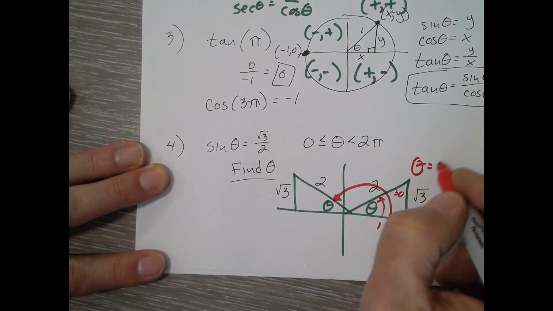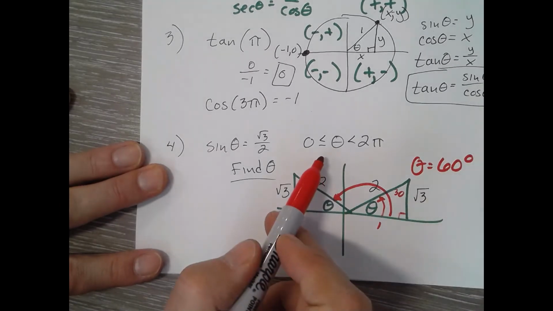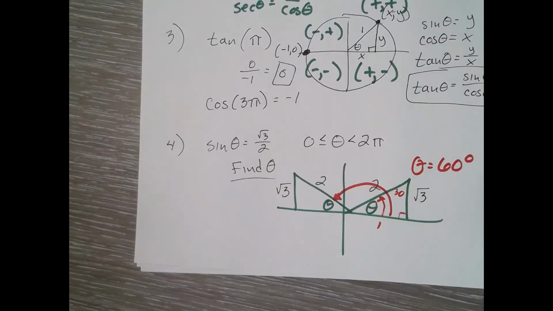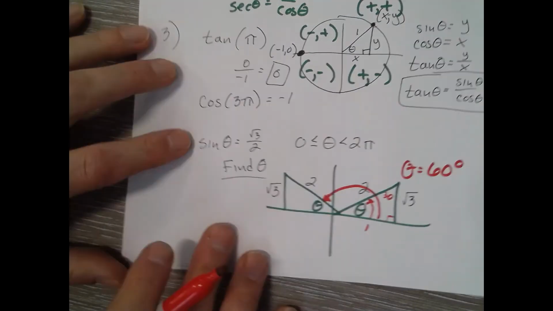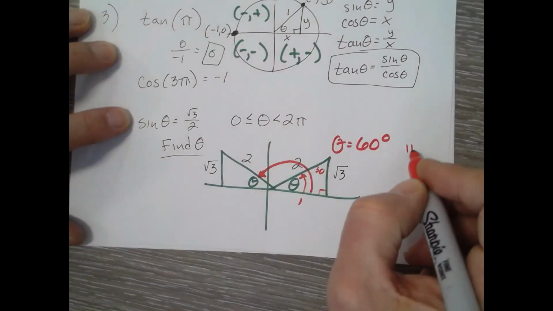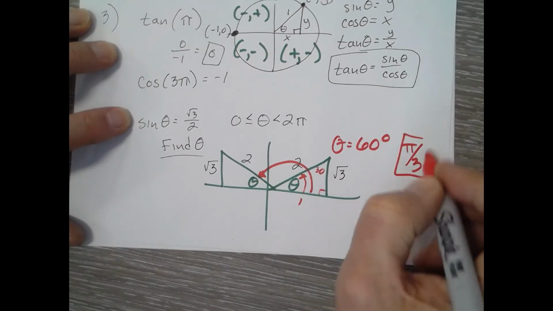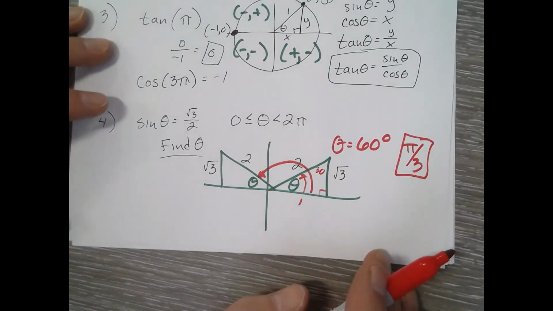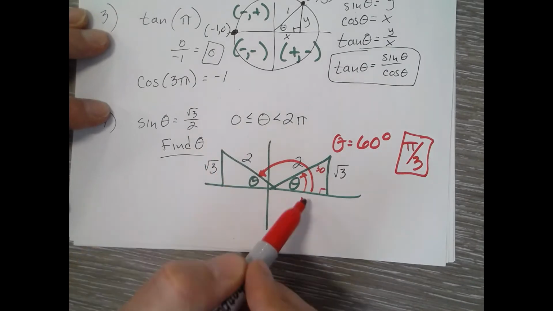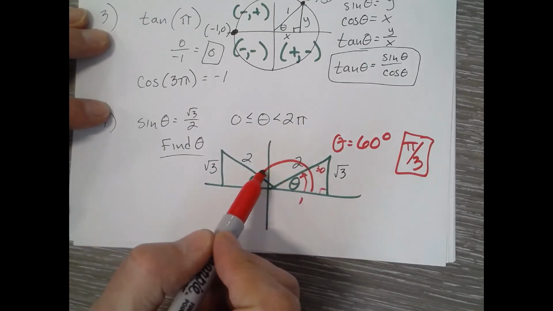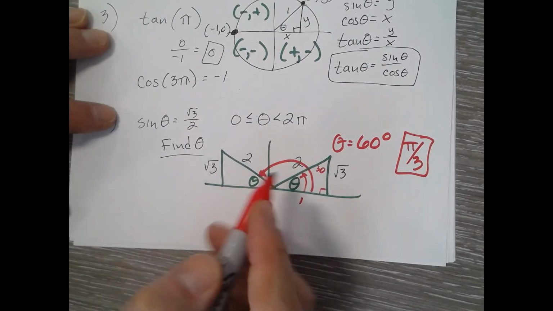Now, the question asks theta between 0 and 2 pi. So that tells me right now our answer has to be in radians. So you'd convert that to radians, which is pi over 3. So there's one answer. Our other angle, starting from standard position right over to here, well, let's find our reference angle.